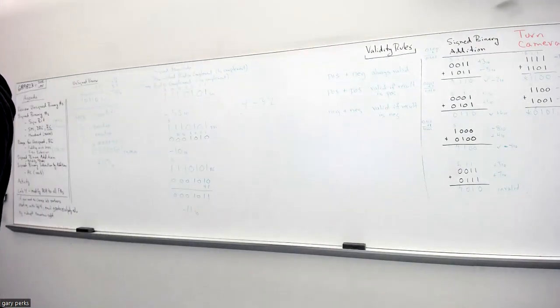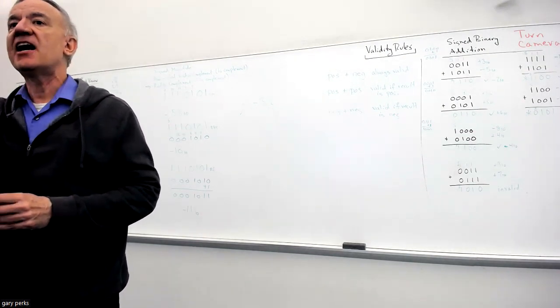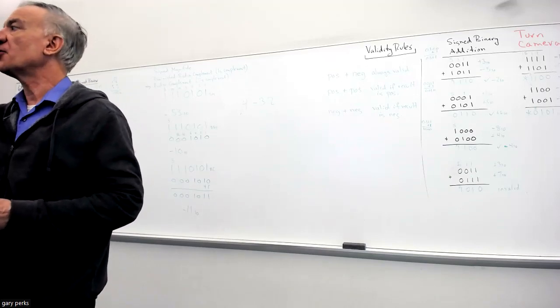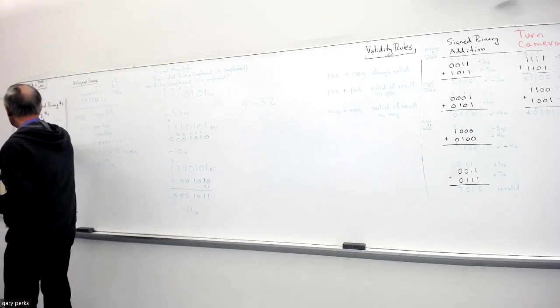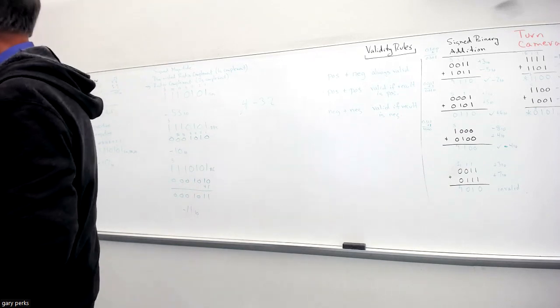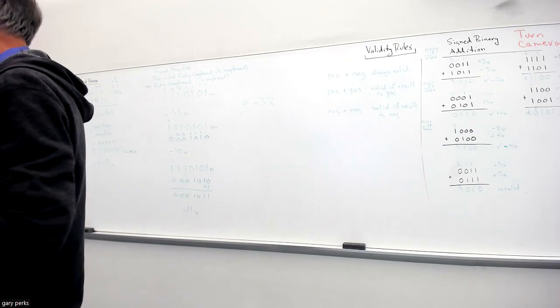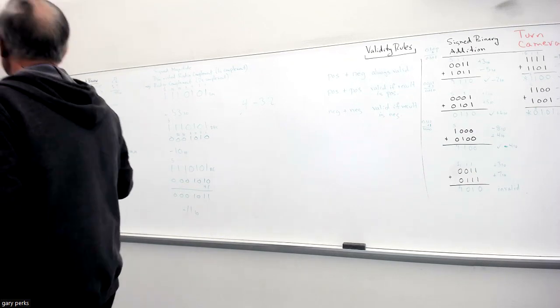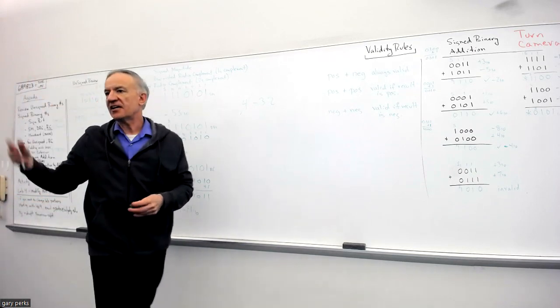In 2's complement, there are actually two meanings, depending on whether you take 2's complement as a noun or 2's complement as a verb, like an action. 2's complement as a noun is like on the handout, where you just have a listing of the 2's complement numbers for 4 bits. You could have another listing of 5 bits and so on. That's 2's complement as a noun, that listing of binary that represents the signed binary numbers.